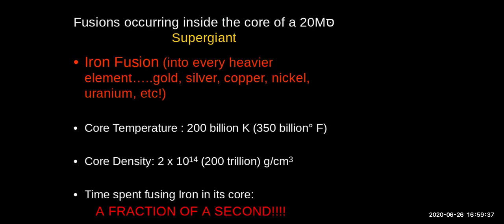Well, here's where you get it, from iron fusion. The core temperature, 350 billion degrees Fahrenheit, ridiculous. The core density, 200 trillion grams per cubic centimeter. You know what that's like? I don't know what it is. It's probably hundreds of thousands of aircraft carriers compressed into a cup. Ridiculous density.